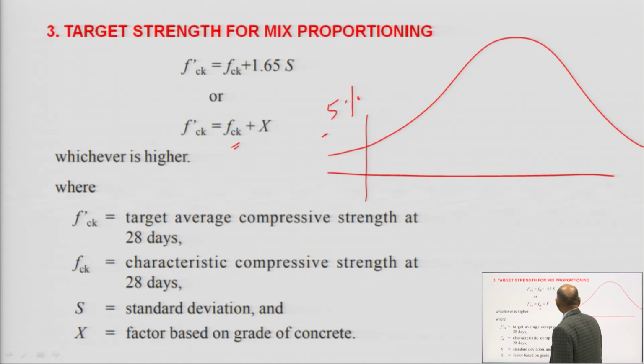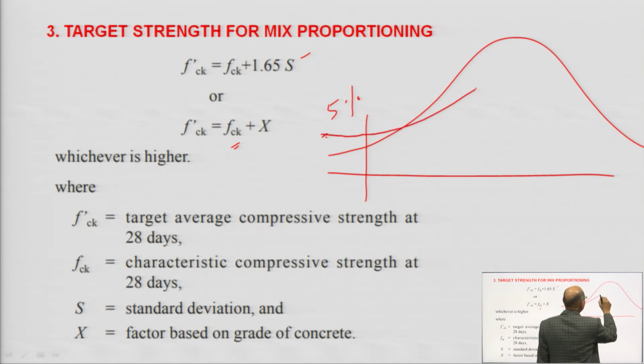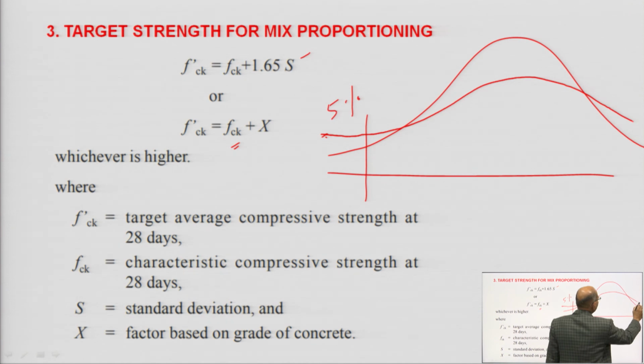If the quality of the contractor is good, then the standard deviation may be low. If the contractor is not good, then the standard deviation will increase and you get a flat curve like this. Okay. This curve will become flat in this case. So, depending on the quality of supervision, we have to adopt the standard deviation.